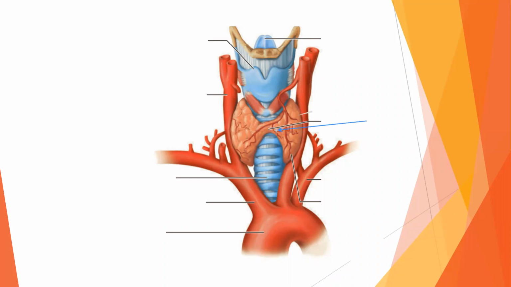This is going to be your thyroid gland. But let's identify the surrounding structures first. Can somebody from the group identify what part of the human body this area is? Try to draw over. Okay, this area here.